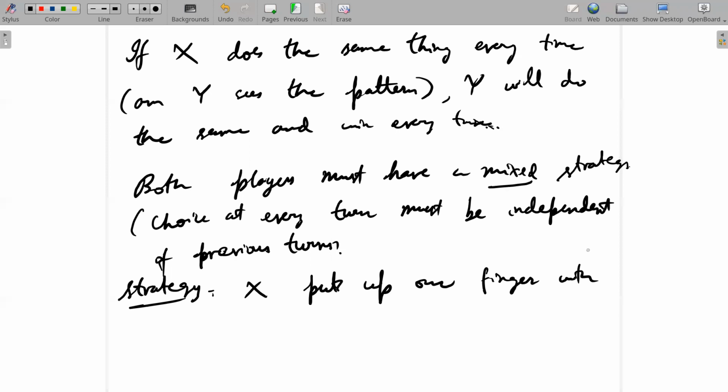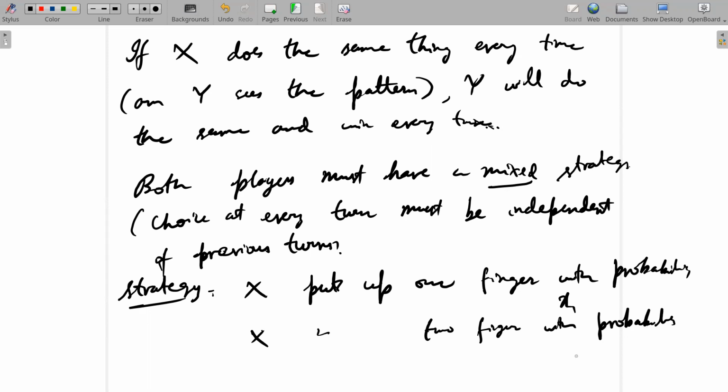So random number generated based on the probability. With probability X1, X puts up 1 finger, and X puts up 2 fingers with probability 1 minus X1. So with probability X2, which is equal to 1 minus X1.